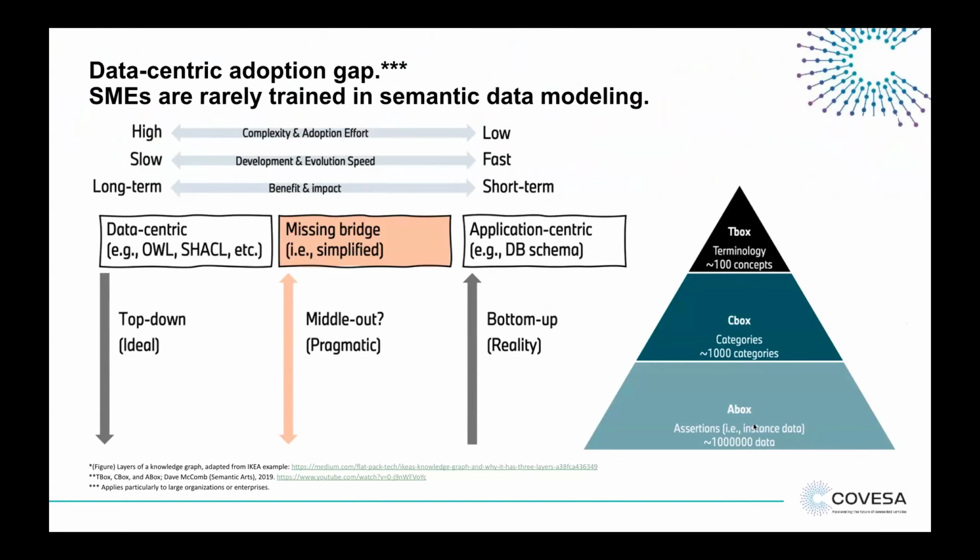So T box, C box, and A box. T box stands for terminology concept. So basically you define something called terminology, like a car, a building, a cloud service, or infrastructure. This is a terminology that we have to have agreement on, on how we define it and how we use it anywhere. Each of this terminology can be split into subdomains, like categories of terminologies.